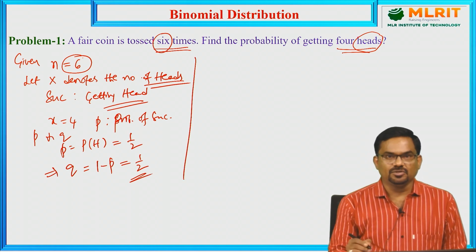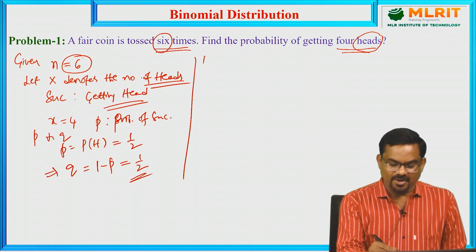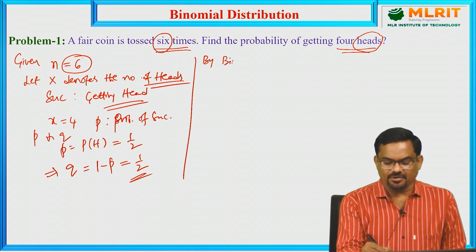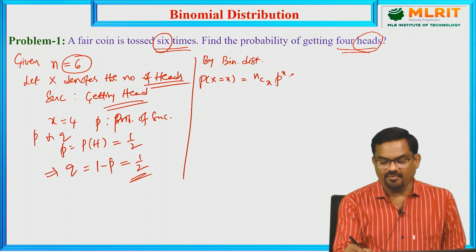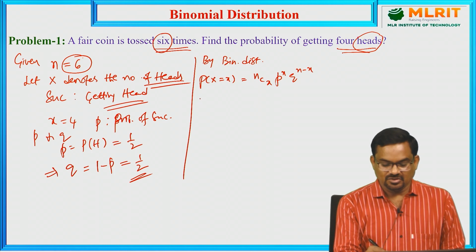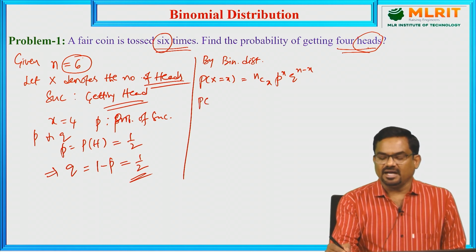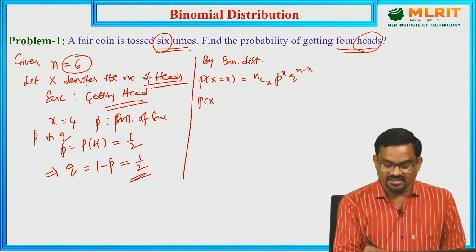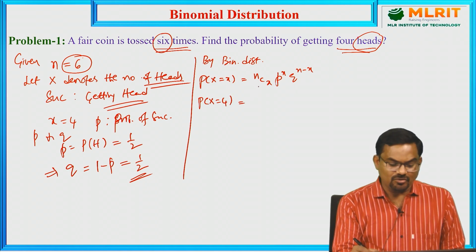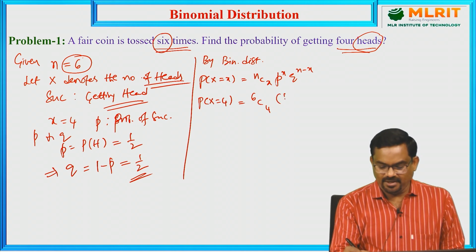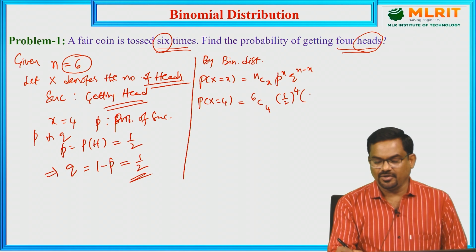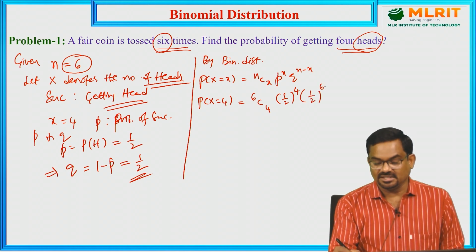Now let us use the binomial distribution. By the binomial distribution, the probability of x successes is given by nCx p power x q power n minus x. So here we need to calculate getting 4 times success. So x equal to 4, out of 6 times, n equal to 6, x is 4, 6C4, p probability of success is 1 by 2, power x means 4, and q again 1 by 2, power 6 minus 4.